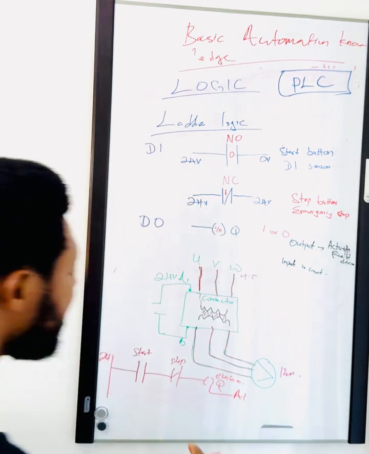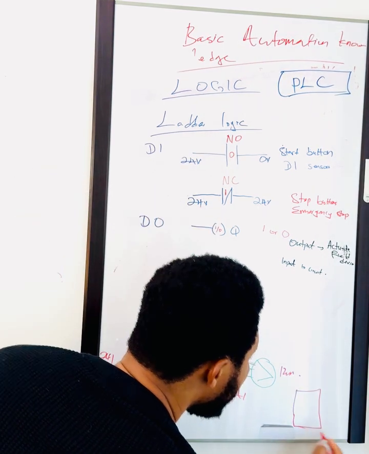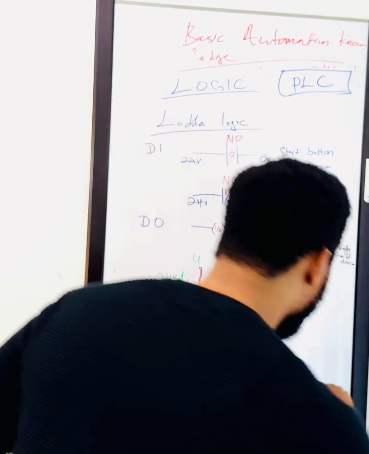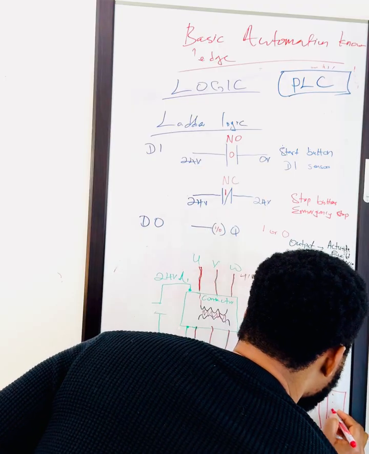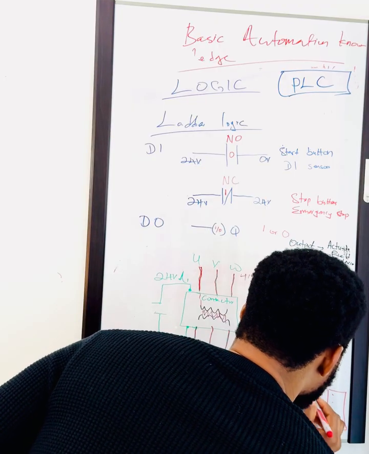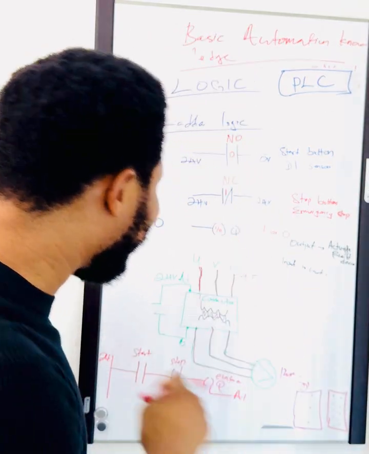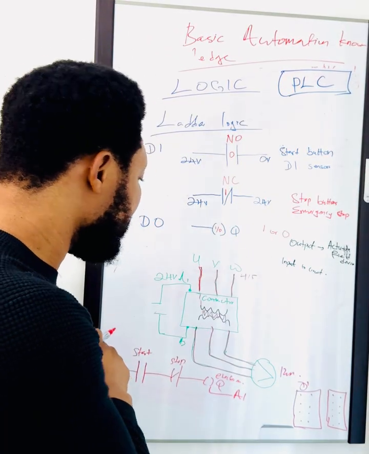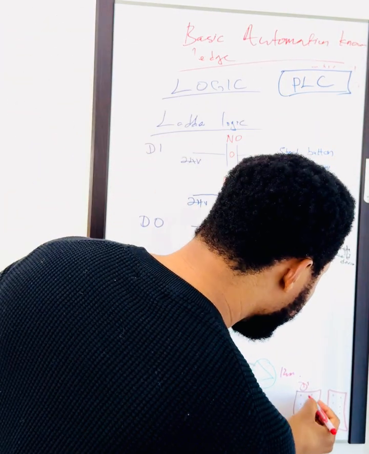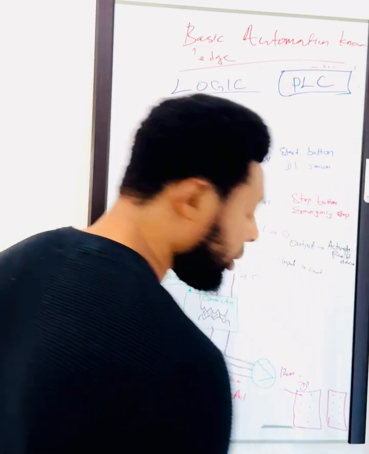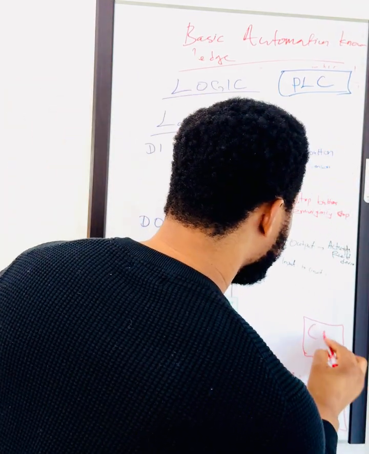In your PLC, you are going to have signal module. So this is digital output. So in PLC, you have your digital input and you have your digital output, depending on the size. The cable from your start button will go to the input, then this is the CPU.